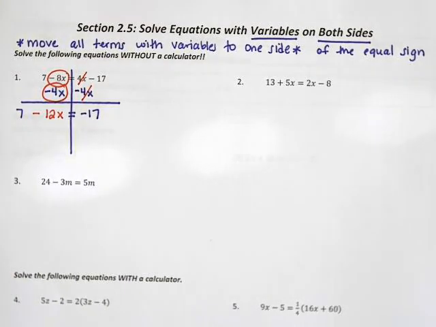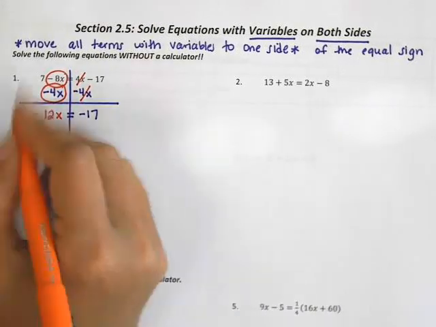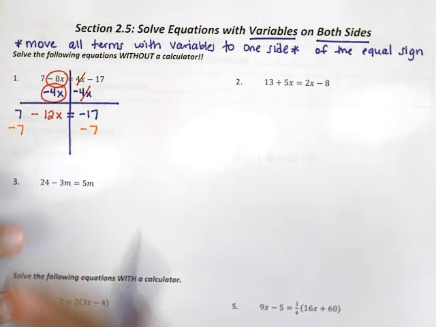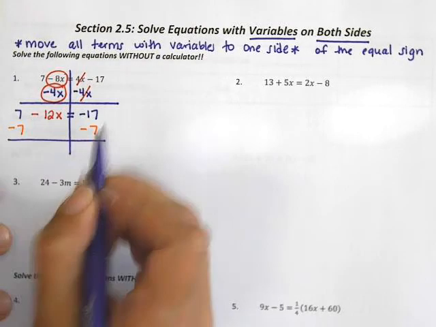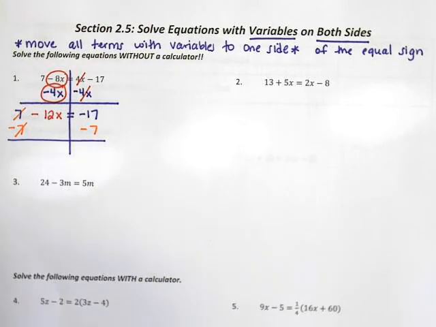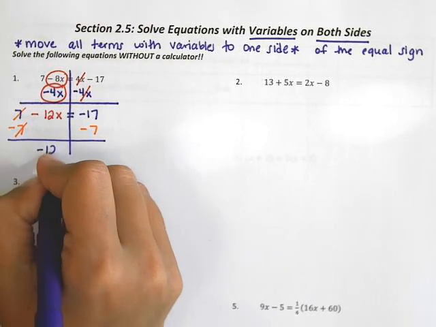From here, this looks a lot like the problems that we practiced solving the other day. So my next step here would be to subtract 7 on both sides. When I subtract 7, on the left-hand side, the 7's cancel, and I get negative 12x.